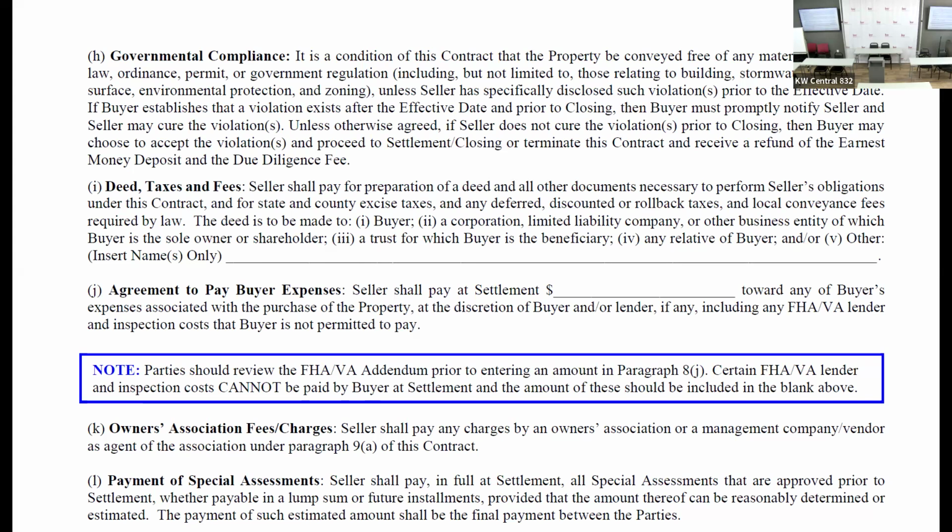Don't put anything. If it's not different from page 1, leave it blank. Because it says insert names only, but if you put "same as page 1," how do I know you don't have an LLC called "Same as page 1"?